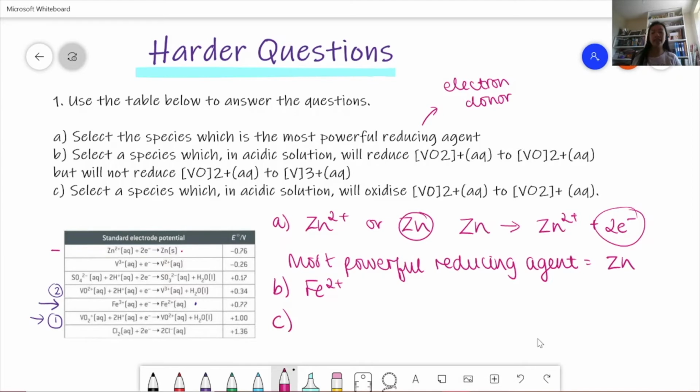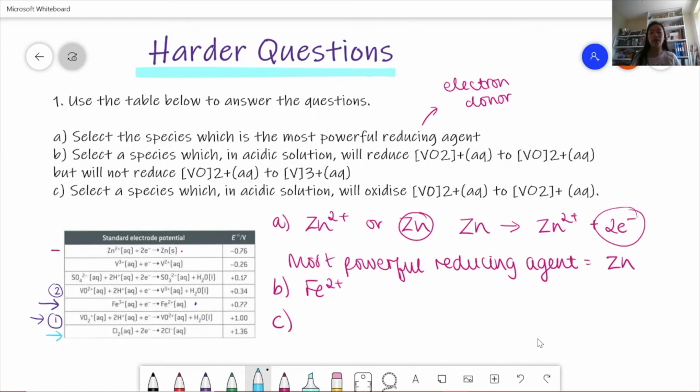For C, select a species which in acidic solution will oxidize VO2+ to VO2+. So to oxidize something, we need that half cell to have a more positive standard electrode potential. And so the more positive one is in here. So now we know that it's in this chlorine/chloride half cell.